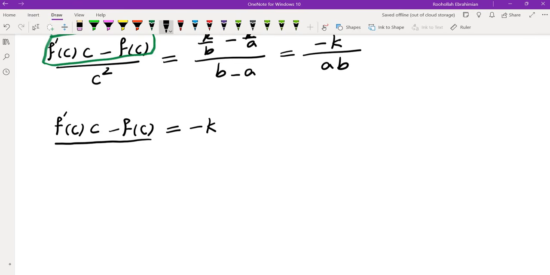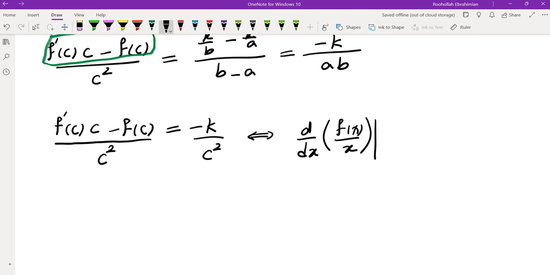So I'm going to divide this one by c squared to get the derivative of the quotient, and I'm going to divide this side by c squared as well. So this is the same as the derivative of f of x over x at x equals c is equal to minus k over c squared.